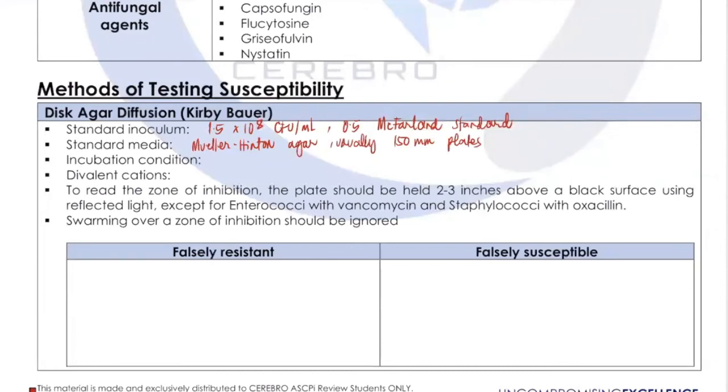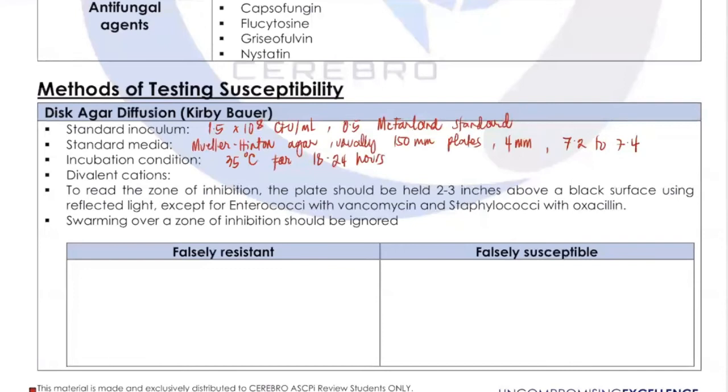So usually 150 mm plates, then 4 mm yung depth or thickness, and 7.2 to 7.4 yung pH. Okay? Next, for the incubation period, that is 35 degrees Celsius for 18 to 24 hours. Kasi usually meron tayong 16 to 18 hours incubation. Then there are those that require up to 24 hours incubation.